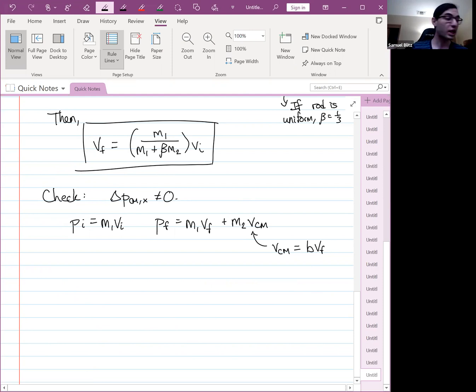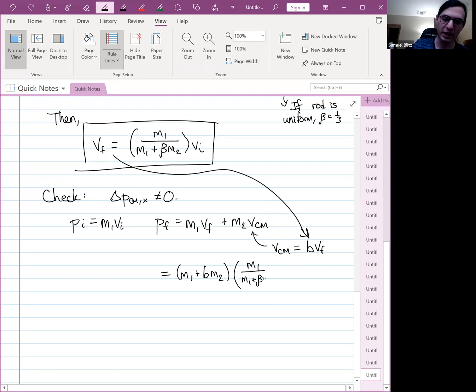So we can just plug that in. And so we can write that PF is just M1 plus BM2, and now I'm going to substitute in what VF is, times M1 over M1 plus beta M2 times VI.